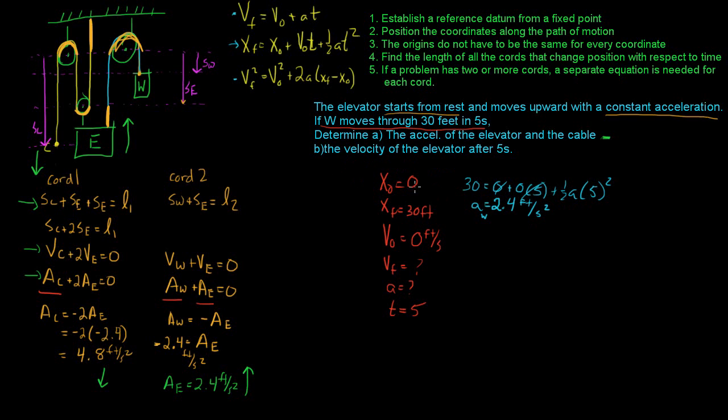Part B is asking for the velocity of the elevator after 5 seconds. So, part B, velocity of the elevator after 5 seconds. So we're looking for a final velocity. We can use this equation right here. So we have a final velocity is equal to an initial velocity, which is 0, plus the acceleration, and it's the acceleration of the elevator, which is minus 2.4, so minus 2.4 times 5.